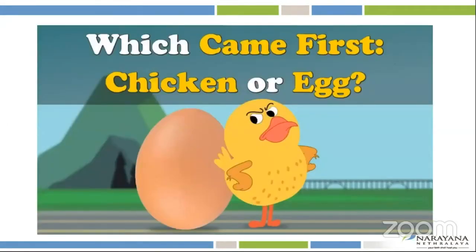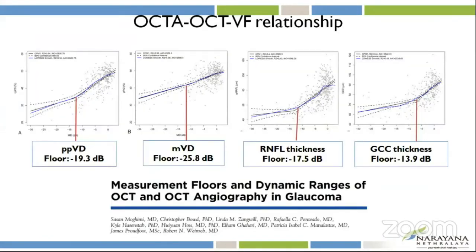Though the question of which came first, the RNFL loss or vessel density reduction, has not been answered conclusively yet, the relationships between OCTA, OCT, and visual field have been studied. It's been shown that the measurement floor with the vessel density was found to be lower than the floor with structural OCT measurement.